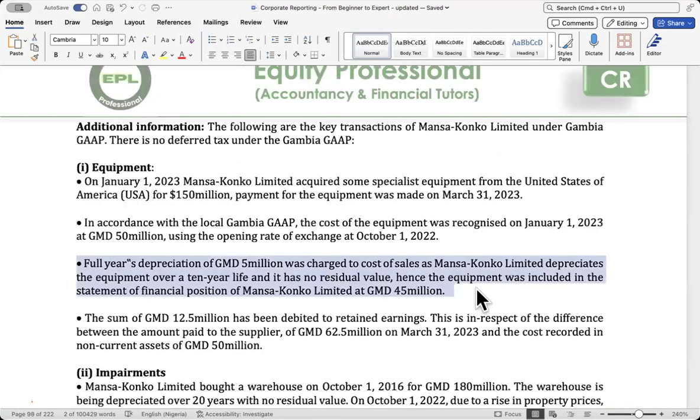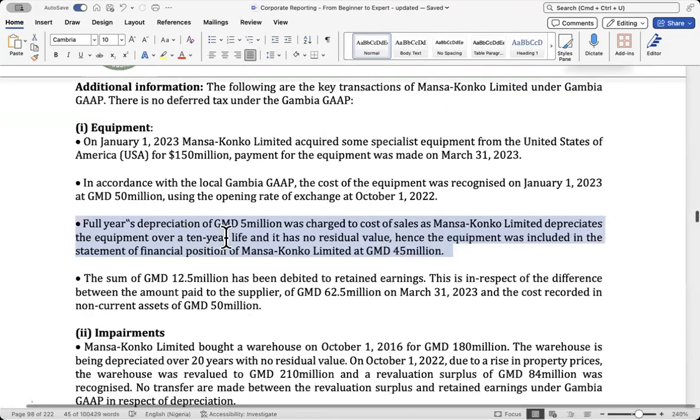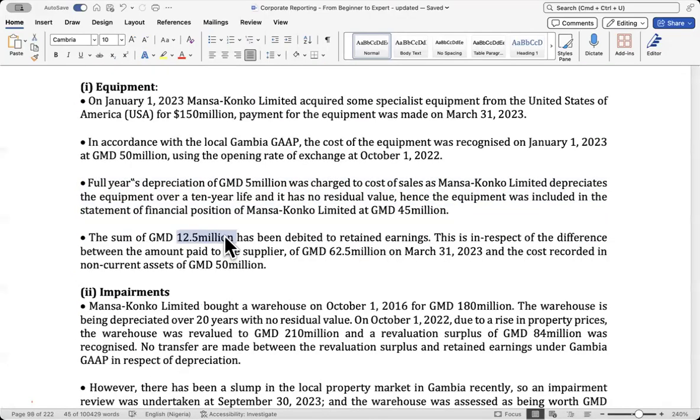Now, the third one. This guy booked a 12.5 million exchange loss, because they say it has been debited to retained earnings, even though it should go to P&L, because exchange loss should go to P&L. This exchange loss is not from that asset, it's actually from the payables, because these assets, as it is now, are measured at historical cost.